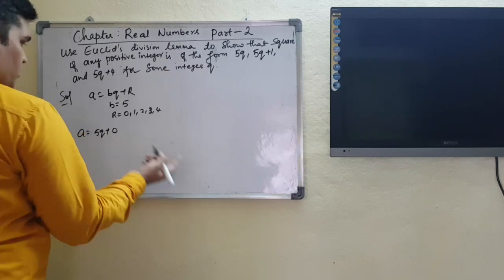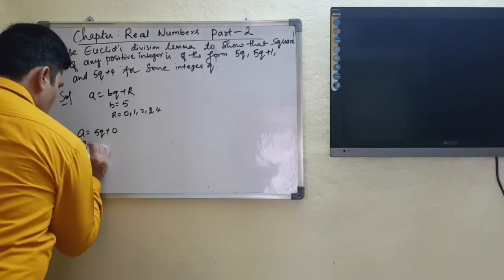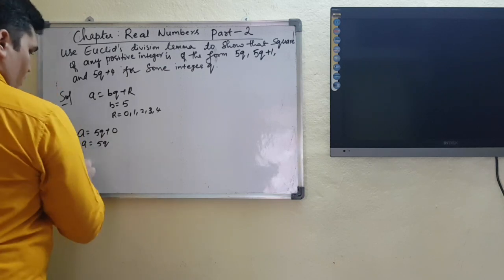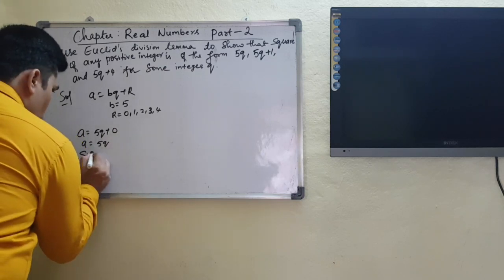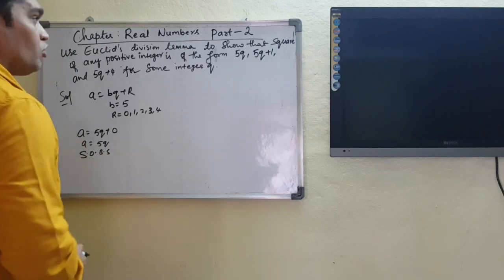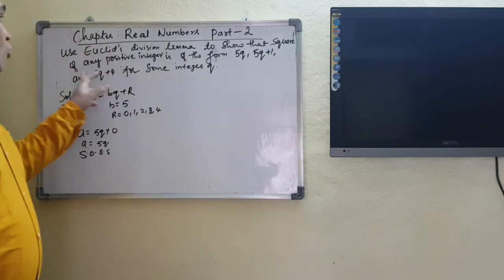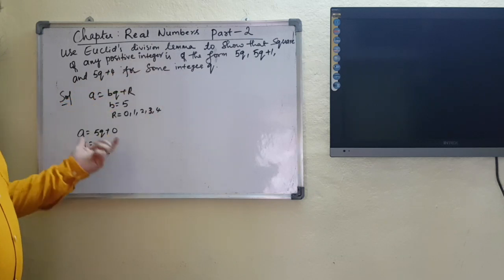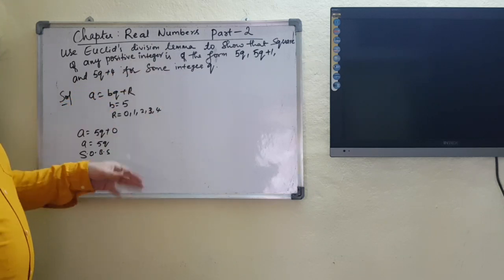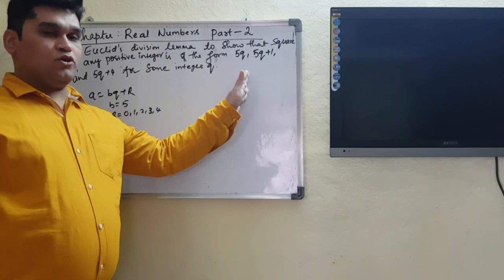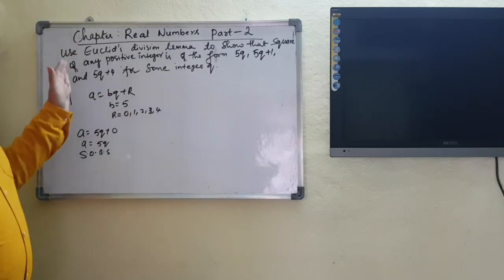Since 5q plus 0 will be considered as 5q itself. So writing again, squaring on both sides. Why am I doing squaring on both sides? Because it's saying that show that the square of any positive integer, which means we need to square them, then show after squaring whether they are in the form of 5q, 5q plus 1 or 5q plus 4.